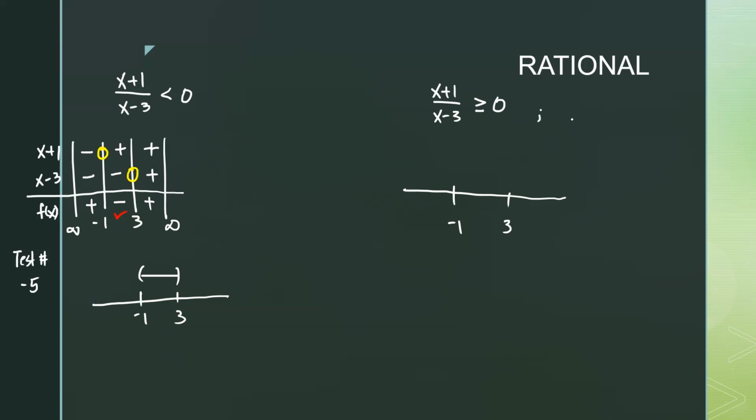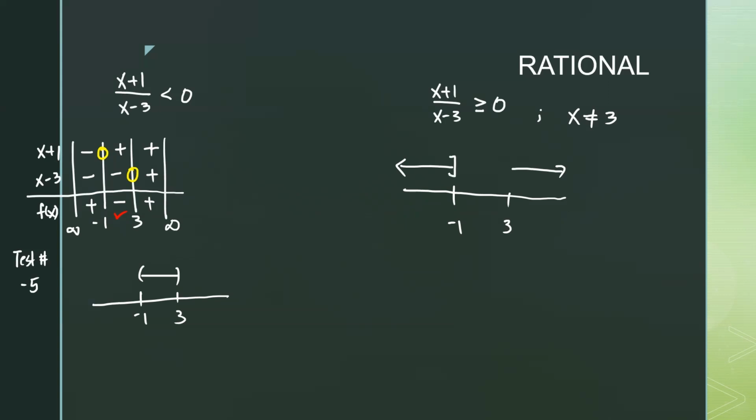I have a question. What's the restriction for this one? X cannot be 3. Otherwise, the denominator becomes 0. So, you know that if it's greater than 0, I would look at the positives. So, this one and that one. But guys, it has a 0. It has an equal sign.